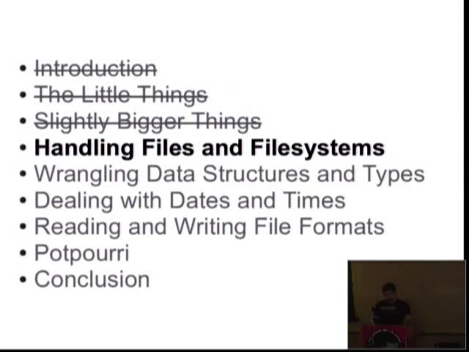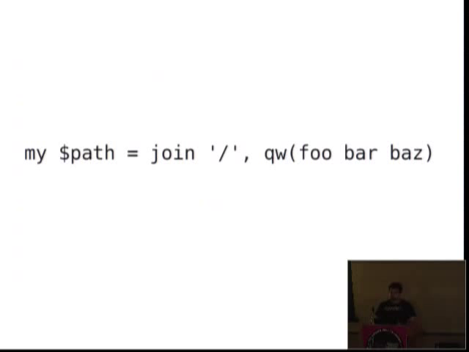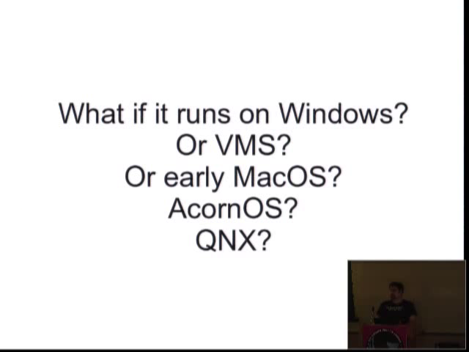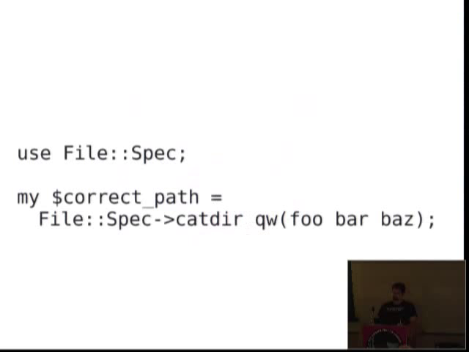So, files and file systems, and I'm going to try and speed up here because we're down to about 20 minutes. File::Spec. You could join paths with a slash, but depending on the platform, that could be disastrous.